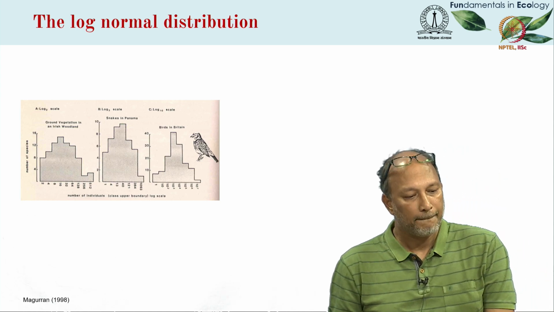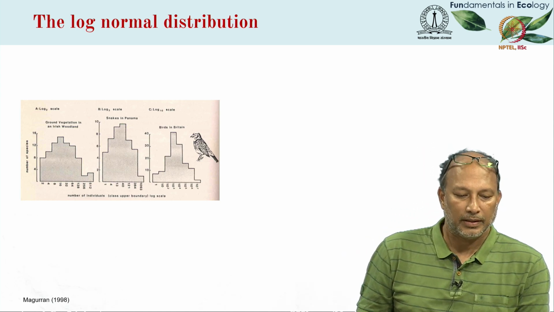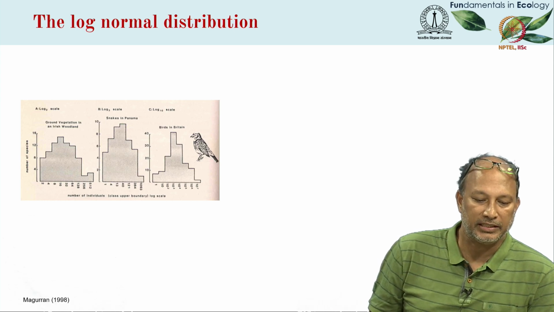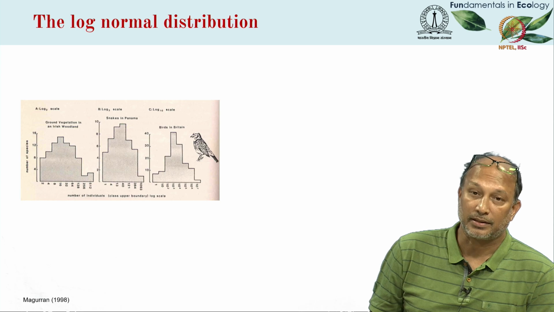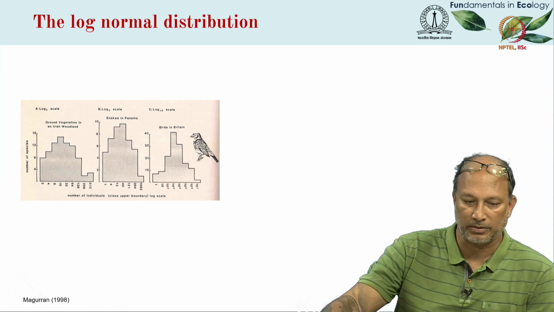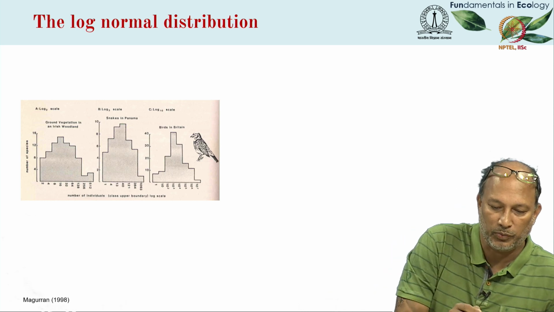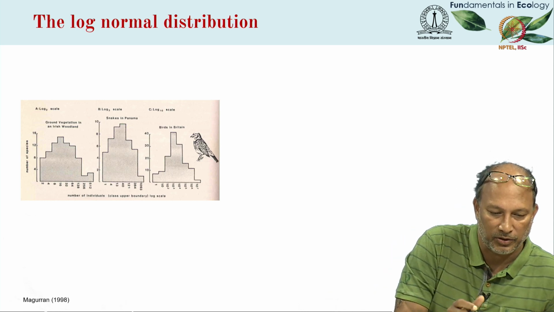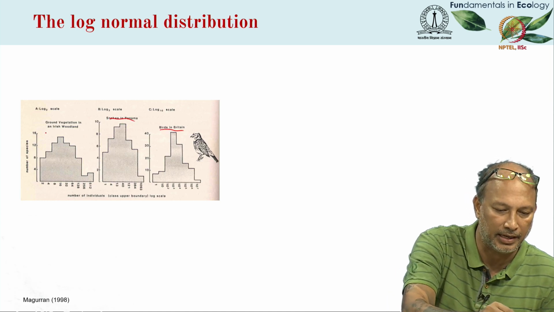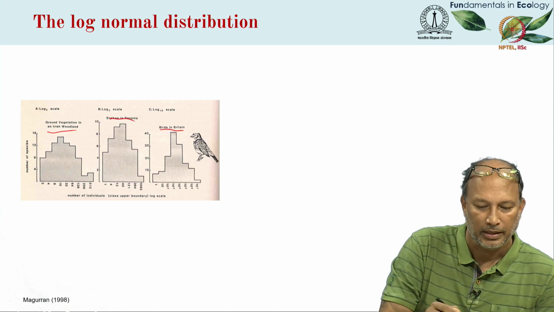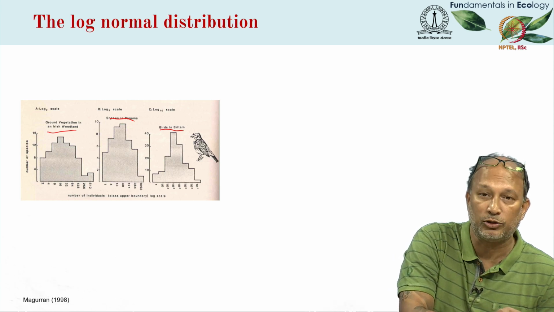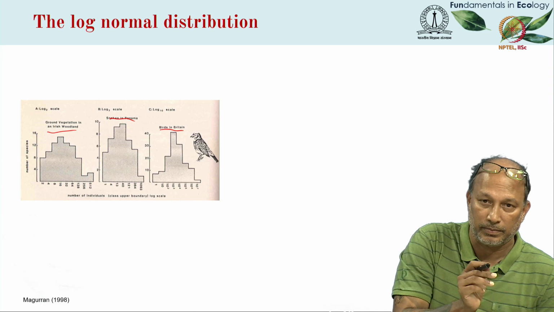The log normal was visualized by plotting the number of species in different classes of individuals. So if you look at this plot, what we have on the x-axis for three different cases, birds in Britain, snakes in Panama, and vegetation in Ireland, is the number of individuals of a particular species.